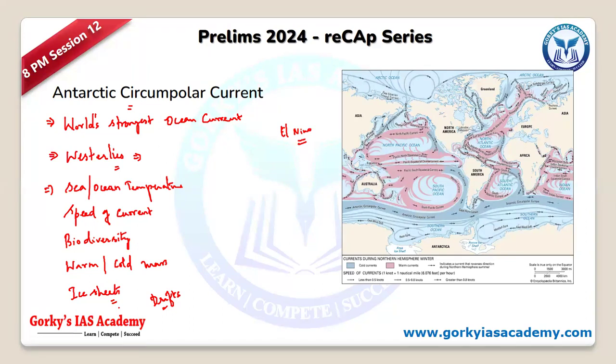So when they start melting, what will happen? You have more sea level rise, which will pose a major threat. When you have sea level rise, automatically you have coastal erosion, coastal surge, submergence, so all these factors increase.